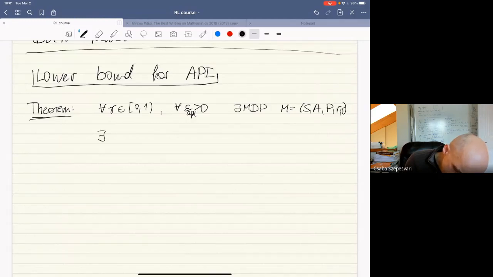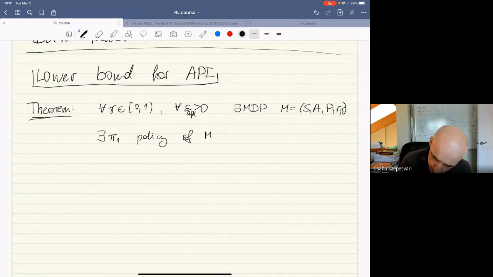there is a policy such that if we initialize API with this policy, then API generates these policies. Pi1 is the very first one, and so on.